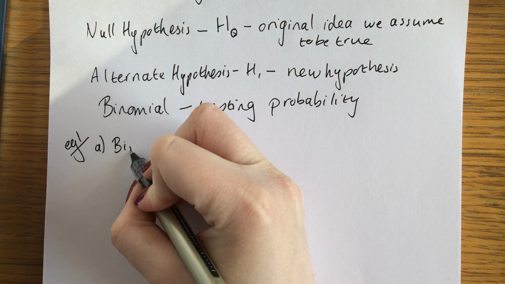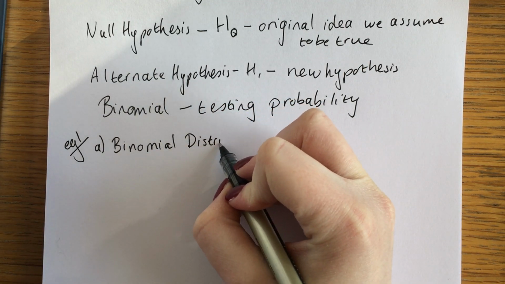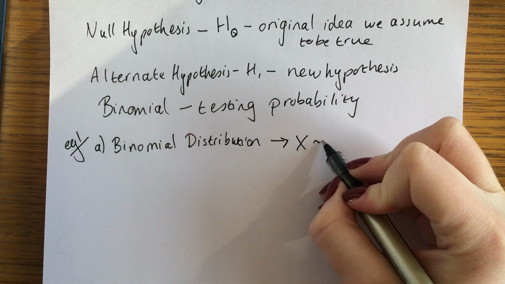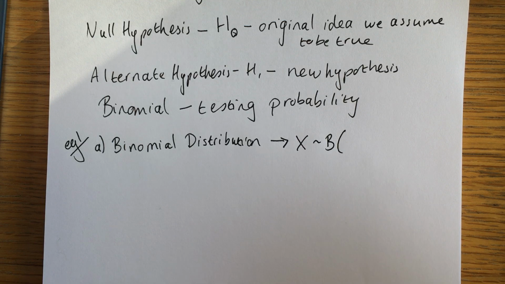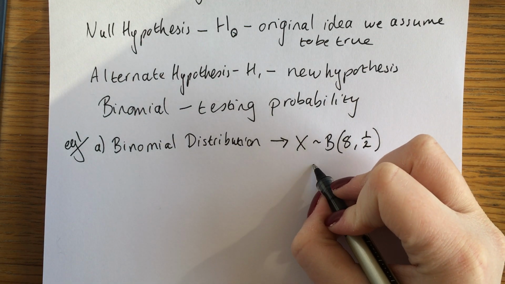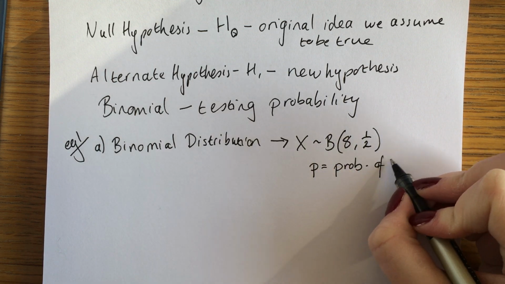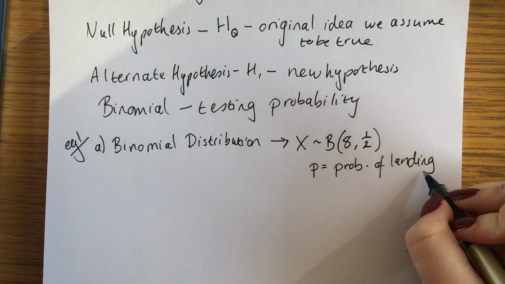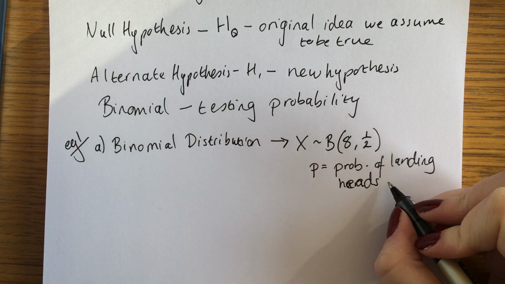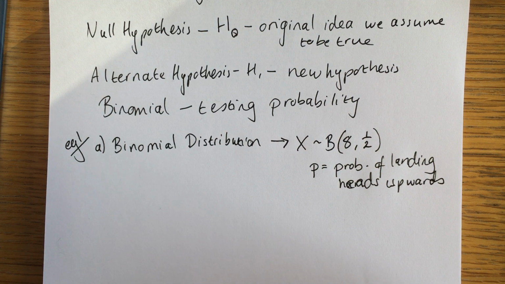So our test statistic is going to be that it is a binomial distribution where X is binomially distributed with a sample size of 8 and a probability of a half, where P is the probability of landing heads upwards or uppermost. So that's our test statistic.